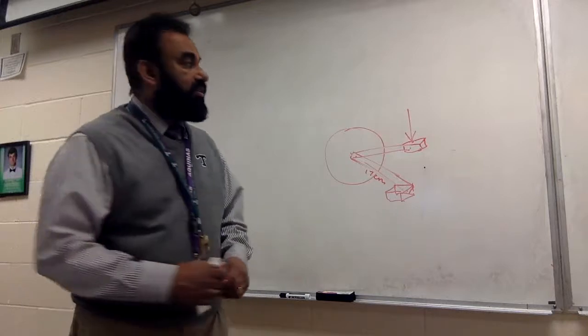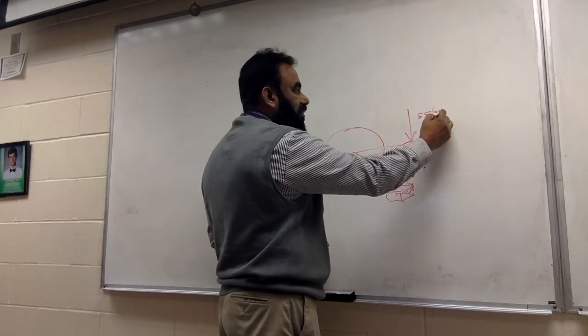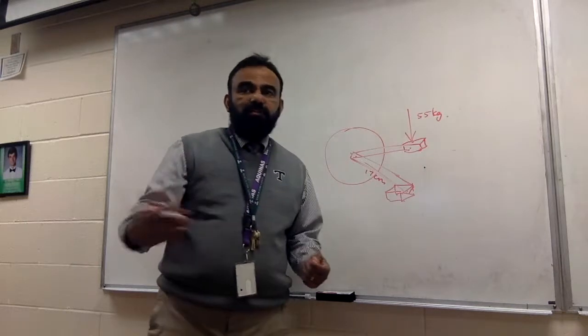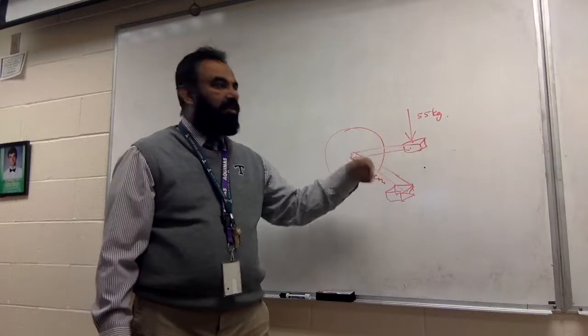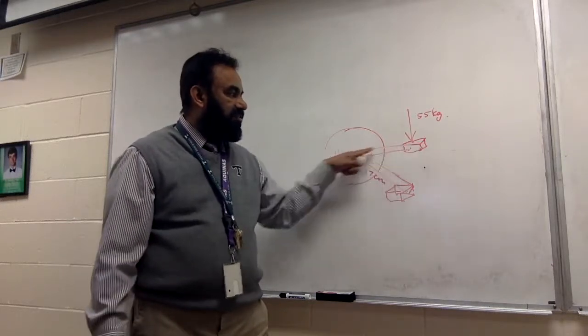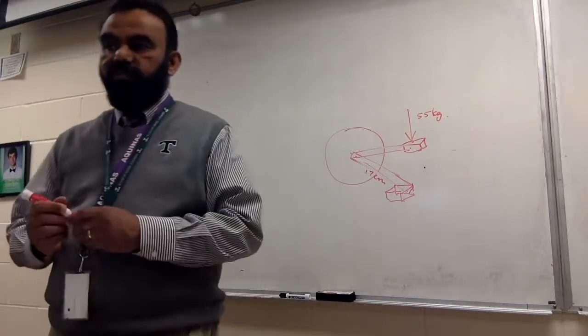So what is the force? She's 55 kilograms, so that is her mass, and the force she's applying is her weight. So 55 times 9.8, and the perpendicular distance, maximum one, is this, which is 17 centimeters converted to meters.